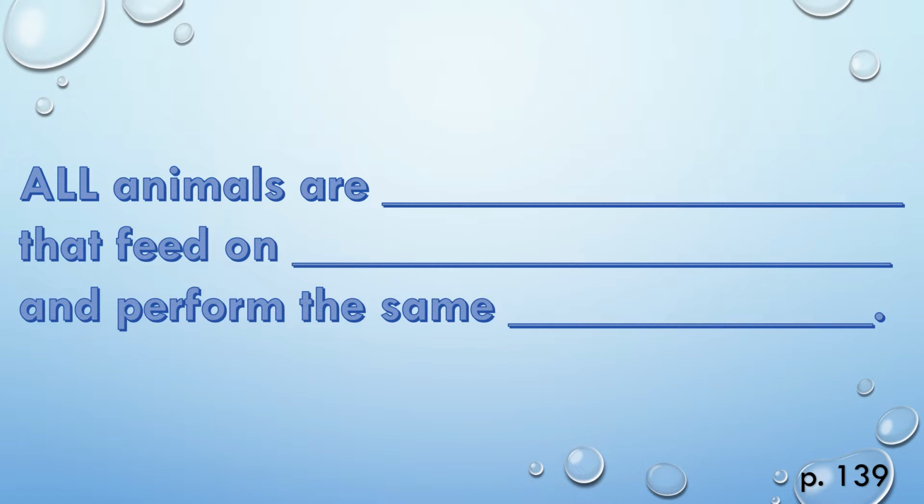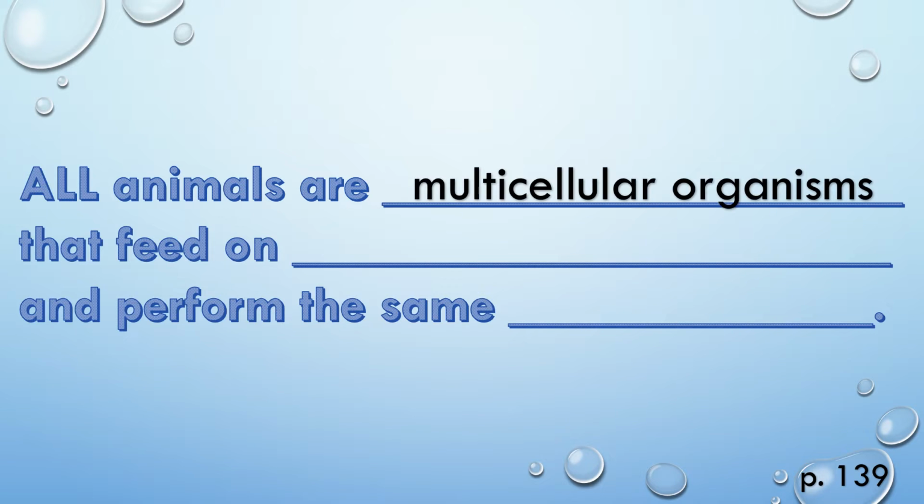All animals are multicellular organisms, right? So we know that they are eukaryotic. They have more than one cell. Those cells have specific parts to them, different chemicals, organelles with specific jobs, and will create the organism that we're talking about. And all animals are going to feed on other organisms.